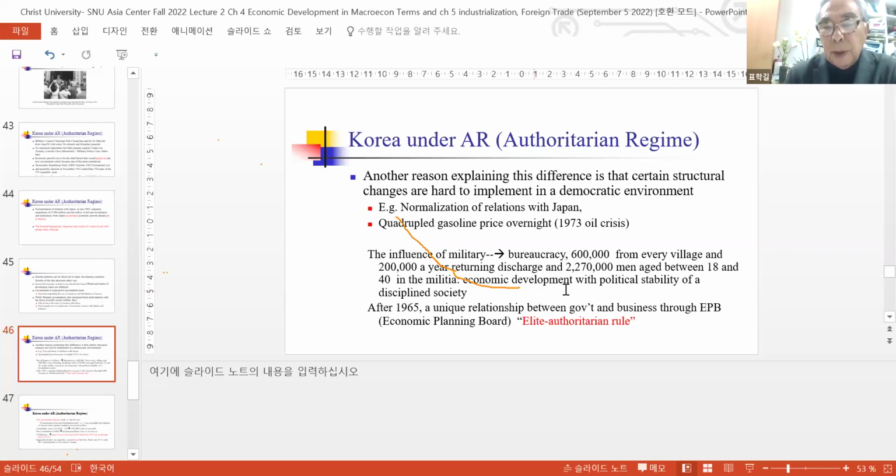So economic development with political stability of a disciplined society could be managed because of this military recruiting system. After 1965, a unique relationship between government and business through the EPB, Economic Planning Board, elite authoritarian rule began.